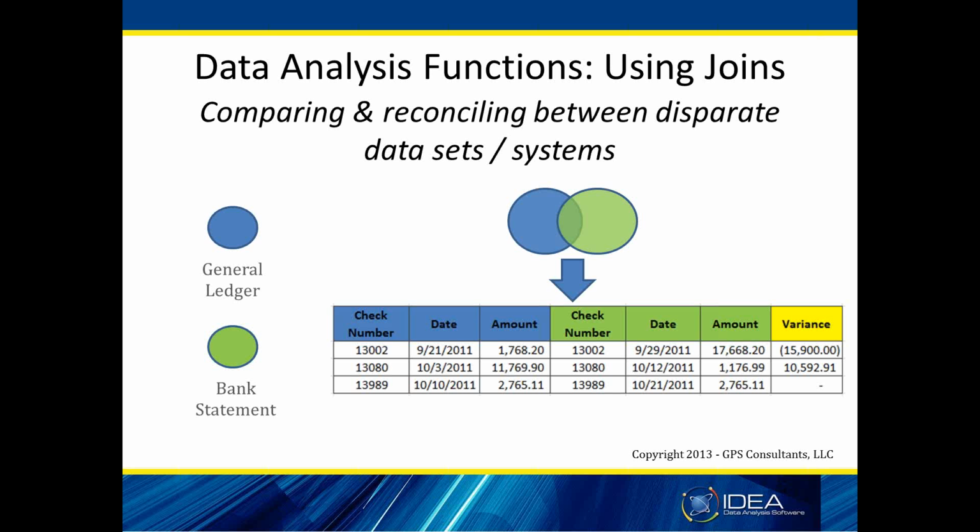You can see here 2 out of 3 didn't line up. It looks like they were all miskeys on one side or the other. So this is an example of using a join to find where there are situations where it didn't match like it should.